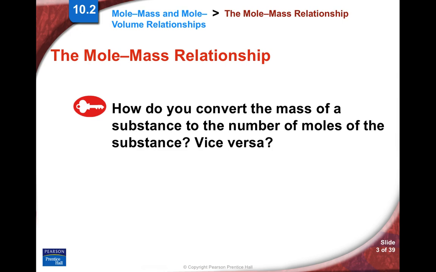So one of the things we have to do is convert mass into moles and moles into mass. So mass, of course, is in grams. Moles is just our counting unit. So an easy example is converting inches into feet or feet into inches. Same sort of idea. You're going to have to divide by 12.